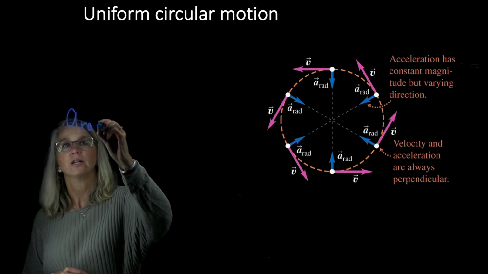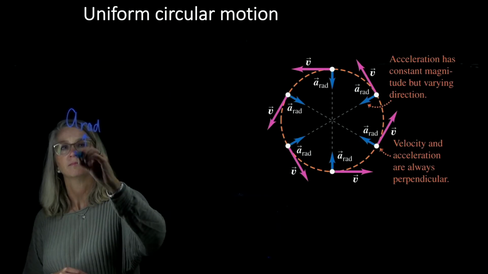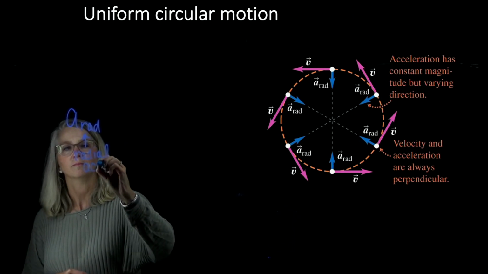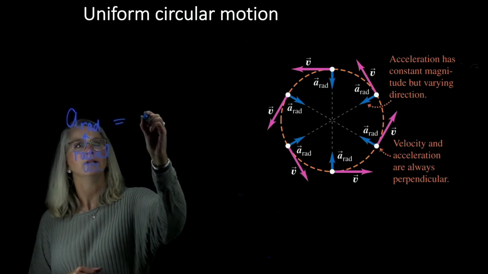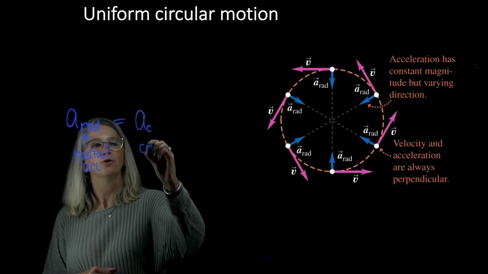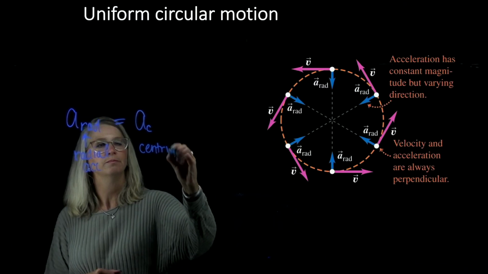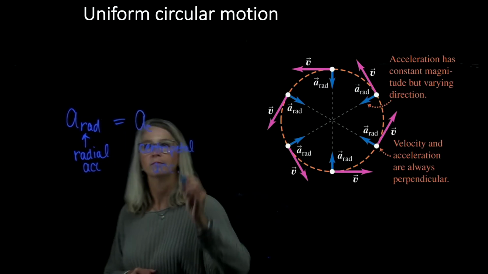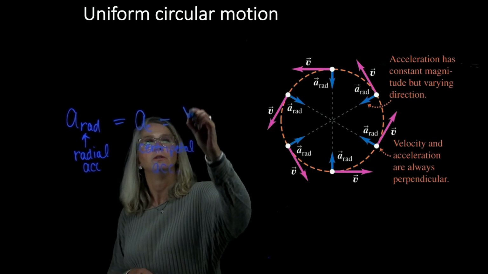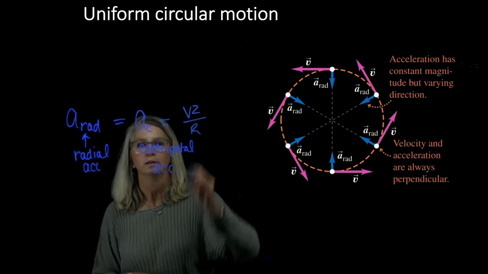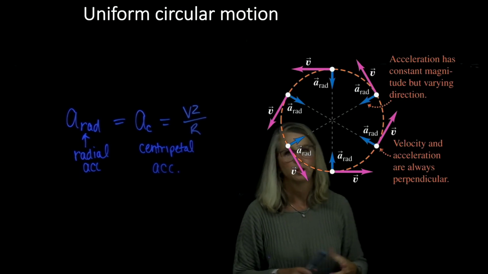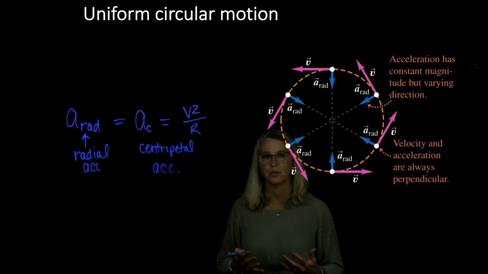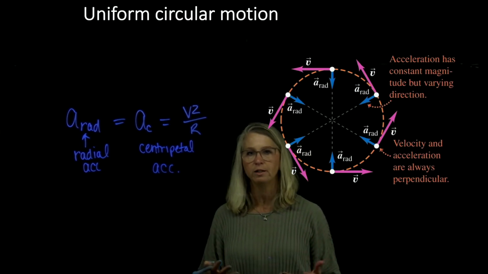The radial acceleration is the same as centripetal acceleration. And it's equal to the velocity squared or the speed squared over r. And so I just want you to be flexible because you'll see in different sources it written different ways.